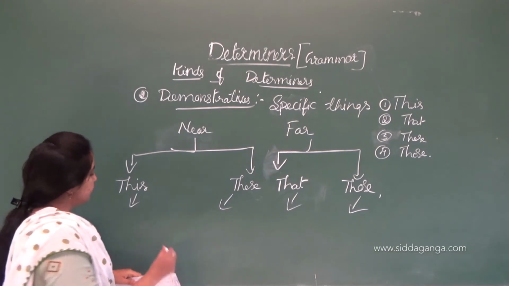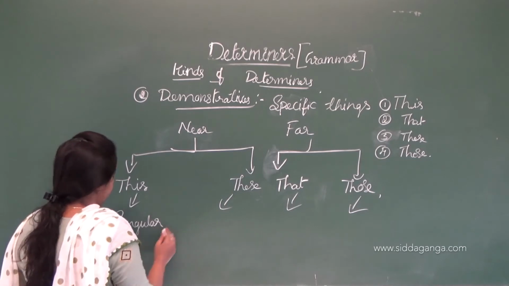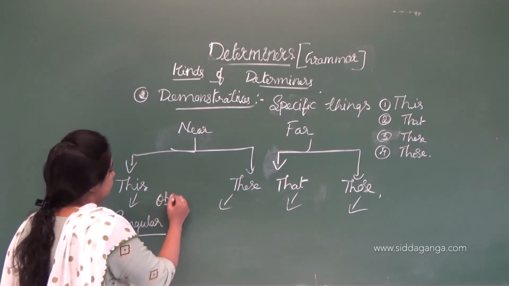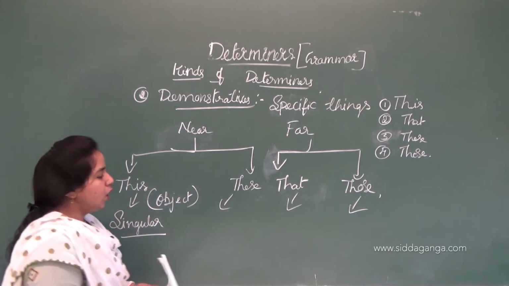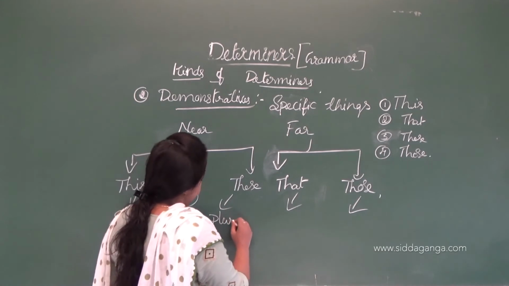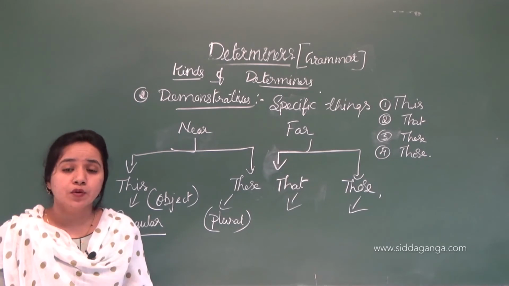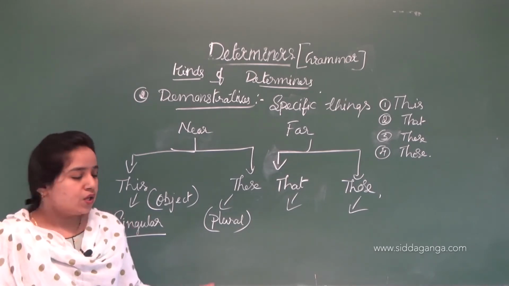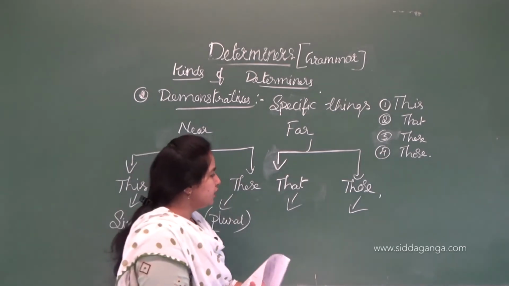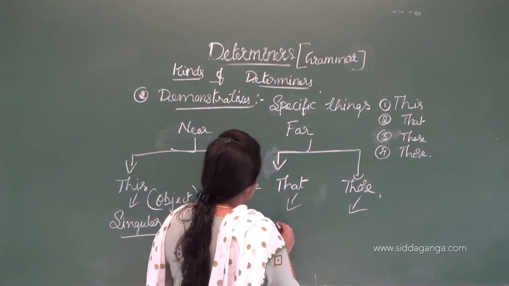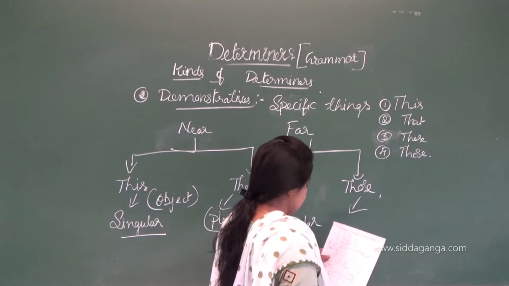When the object is singular, in that case we are using the demonstrative this. When the object is near but plural in number, more than one, there we are using these. And in the far case, that is for the object which is singular and far, and those is for plural.